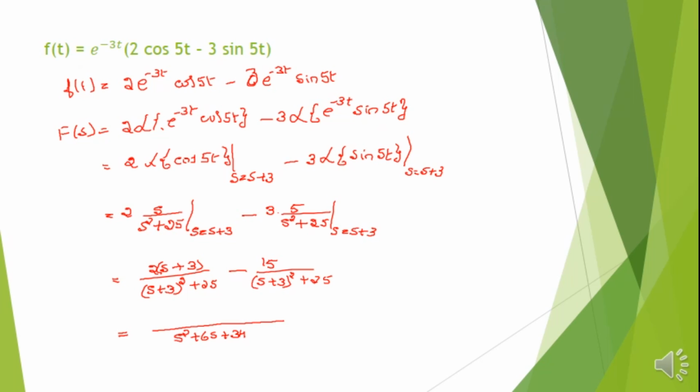In the numerator, 2s plus 6 minus 15, so it is 2s minus 9 divided by s square plus 6s plus 34. So this is the Laplace transform of e to the power minus 3t into 2 cos 5t minus 3 sin 5t. So first separation, then applying the properties, and hence we find the Laplace transform of the given function.